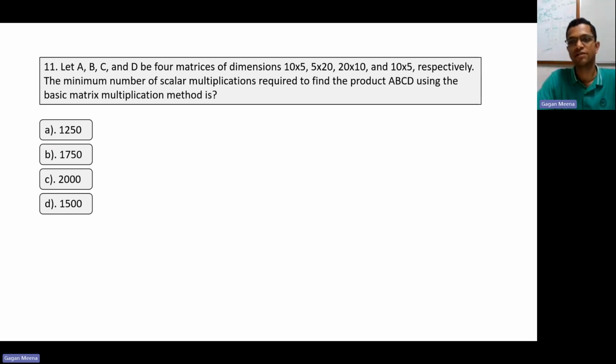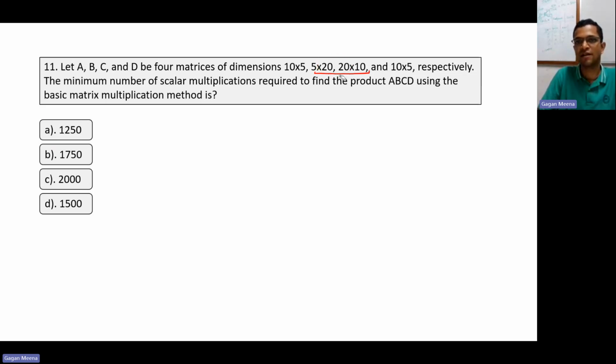Here what we have to do, first of all, club those matrices which have the higher dimension. First remove that higher dimension and keep on removing the higher dimension in decreasing order, and then you will get the minimum matrix multiplication.